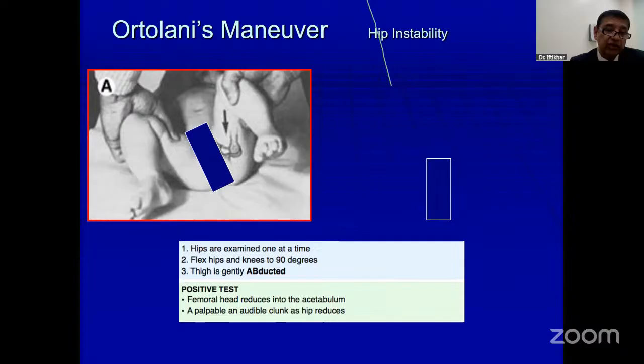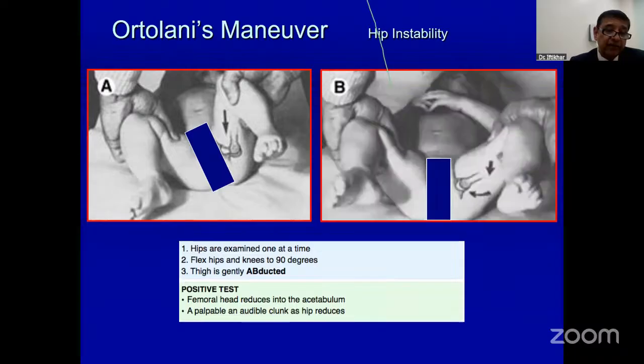When you bring it to abduction, a positive test means the femoral head reduces into the acetabulum, and you will hear or feel an audible clunk that suggests the hip has relocated. That means the hip was out and now you reduced it. So this shows that there is instability. Positive means yes, it can go in and go out.